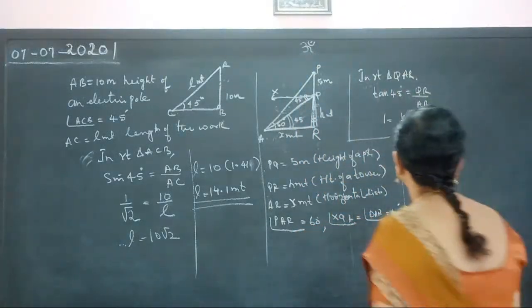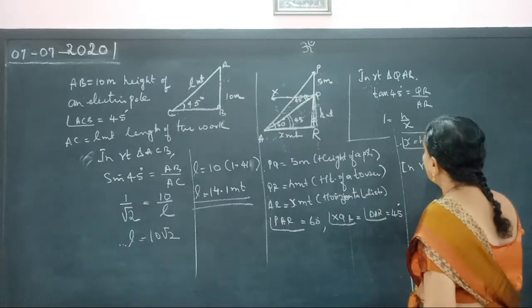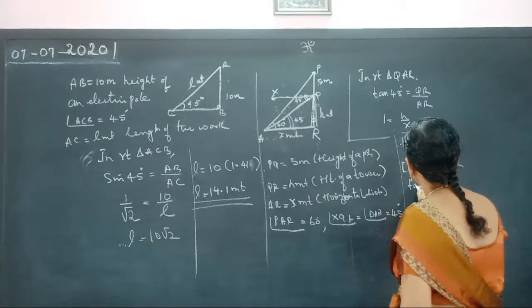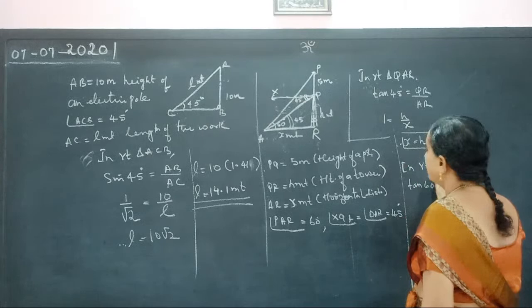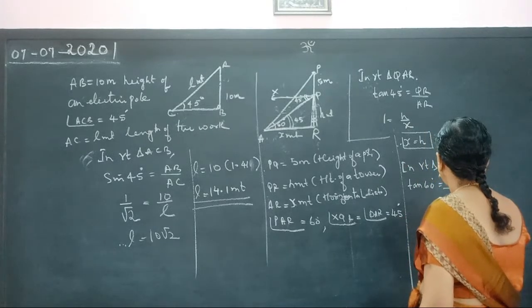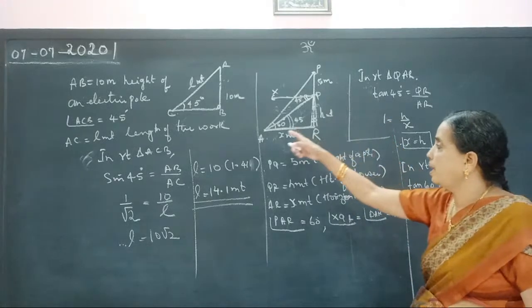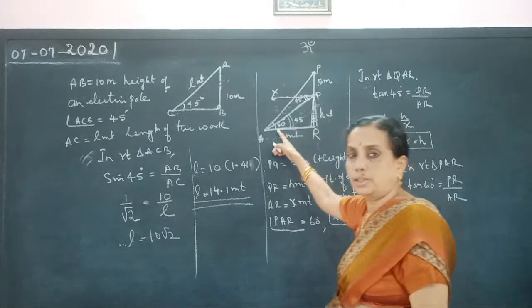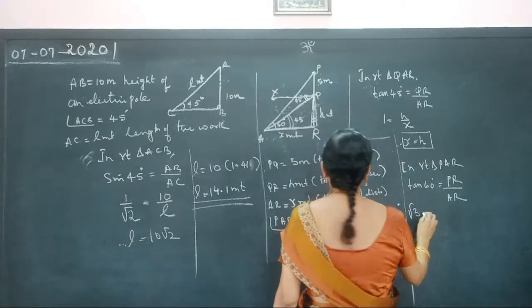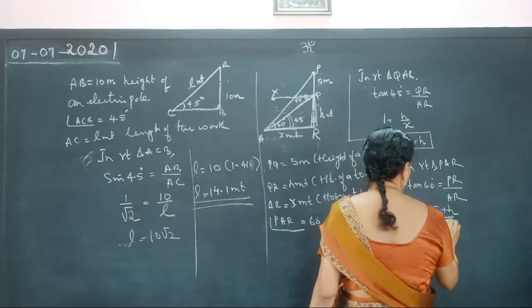That is, in right triangle PAR, tan 60 degree equals opposite side by adjacent side. See the figure, opposite side by adjacent side is tan theta, where tan 60 is root 3 equals 5 plus h by x.